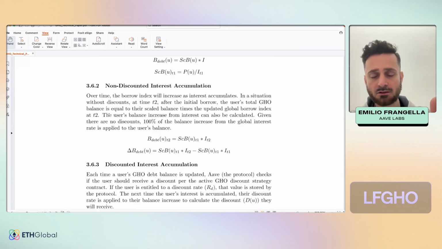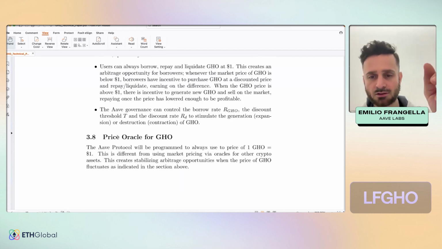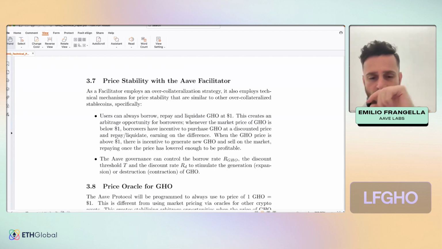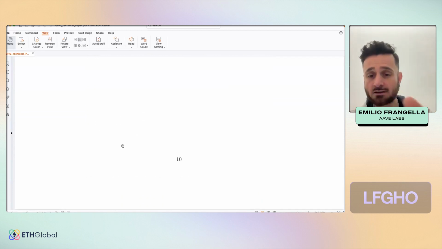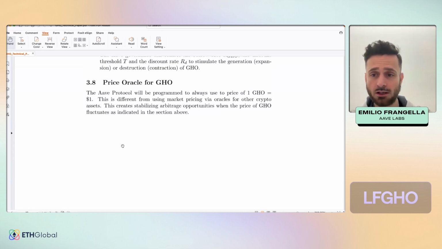Here there is a bit of formal definition of the discount. I will not go through this because it takes a bit of time, but they are very simple, so it's pretty easy to understand. Price Oracle describes what I already said before, which means that one Go is always fixed at $1 within the Aave protocol.